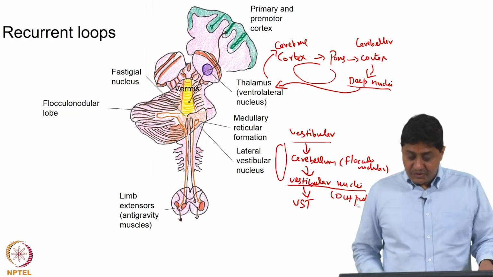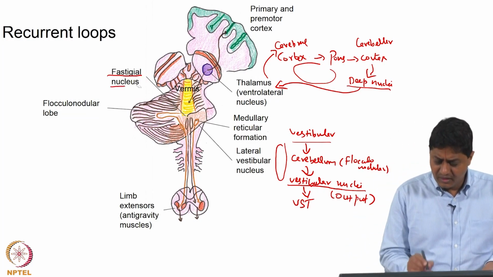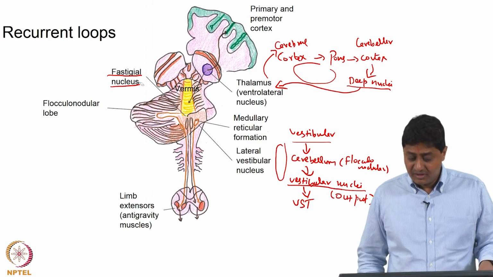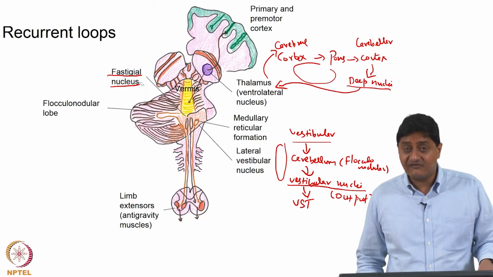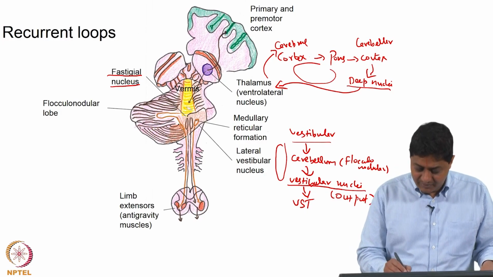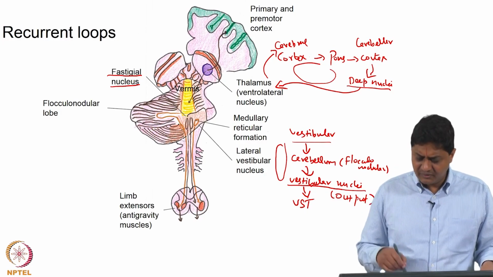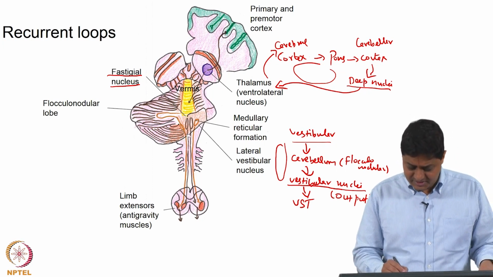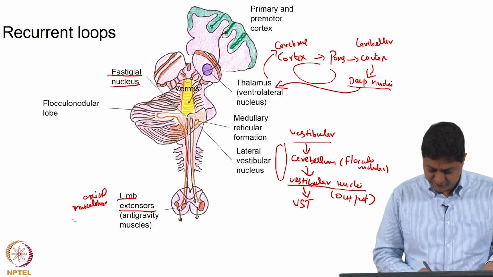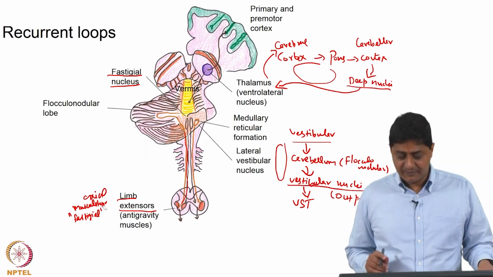And also the case of the information that is received about balance and posture and maybe visual information, this is received in the vermal and paravermal area, or the intermediate area of the cerebellum, goes through the cerebellar cortex, and then it projects to the limb extensors and axial musculature via the fastigial nucleus. The output in this case happens to be the fastigial nucleus.